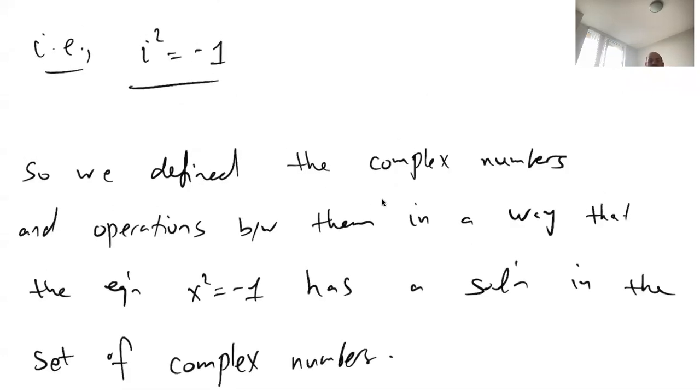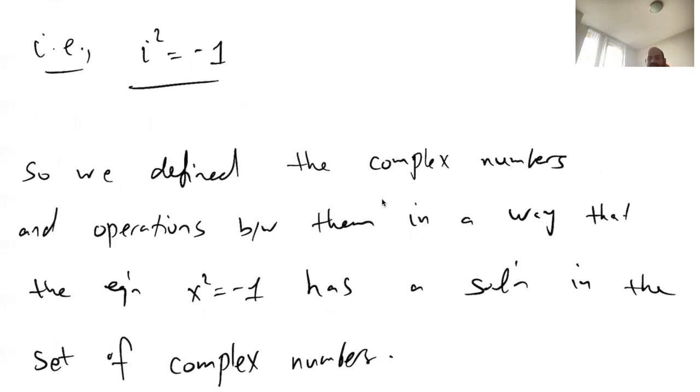So x squared equals minus 1 had no solution in the set of real numbers. But x squared equals minus 1 now has a solution in the set of complex numbers. Because I is a solution for x squared equals minus 1, because I squared is minus 1. I satisfies the equation x squared equals minus 1.